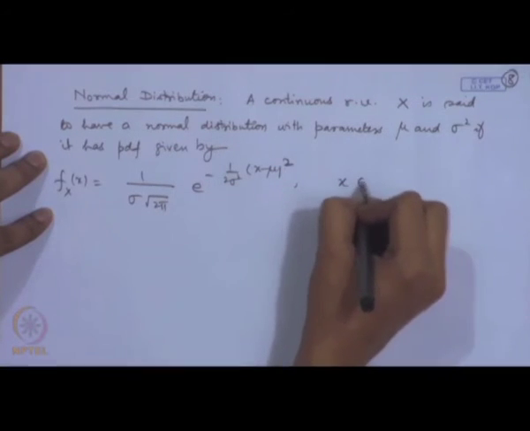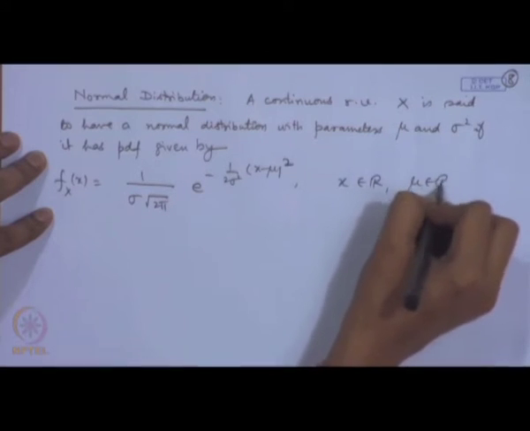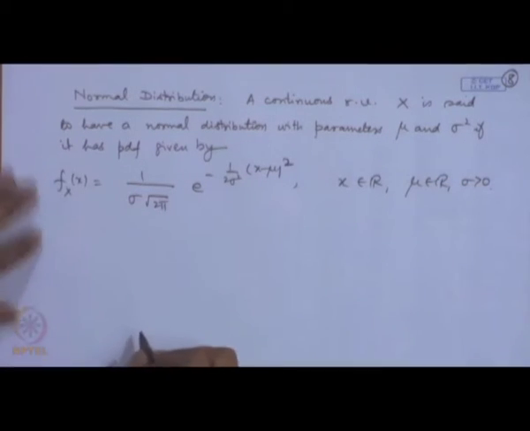Here x is any real number, mu is any real number and sigma is a positive real number.